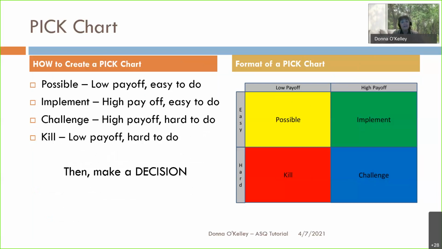As I said, the acronym is PICK, for possible, implement, challenge, and kill. If you're in the possible range here, those are maybe we can do those if we have time. Implement would be just do it because there's high payoff, high impact, and it's easy to implement.